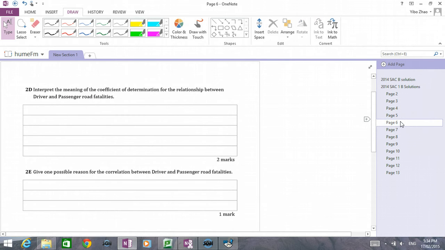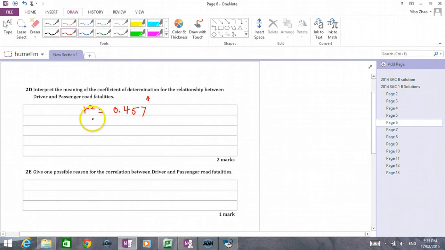Now let's go to 2D. 2D asks me to interpret the meaning of the coefficient of determination. Again, what we do is we write it down. So I have R square is going to be 0.457.